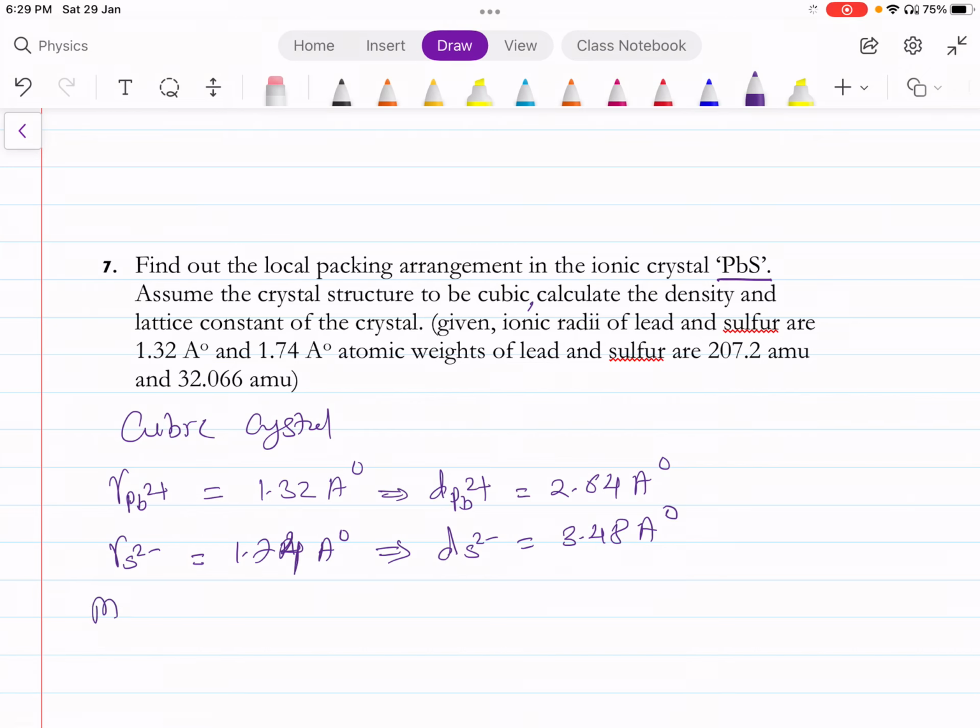Atomic weight is given. Atomic weight of lead is 207.2 AMU, and atomic weight of sulfur is 32.066.